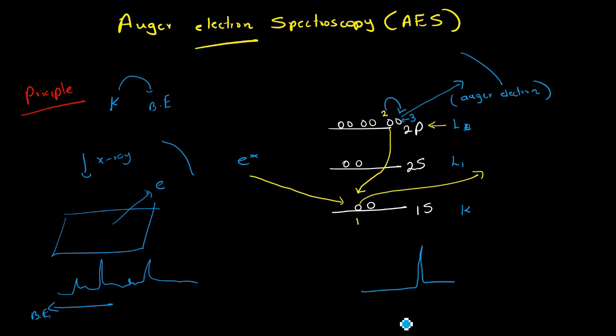So this is a peak for a particular electron. Let's say on this side you have the electron energy, which means in this direction your electron energy increases, right? Now what will happen if your surface becomes more positive? You need to understand what would be the effect on our Auger electron by the surface becoming positive.